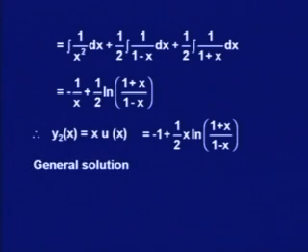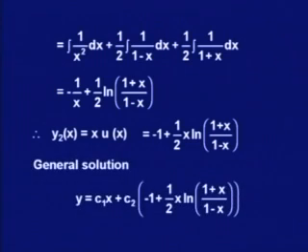Thus, we have got the general solution as C1 times x plus C2 times (minus 1 plus half x log of (1 plus x) upon (1 minus x)). So, given one solution x, we had obtained the second solution which is linearly independent of this solution, and we had obtained the general solution.